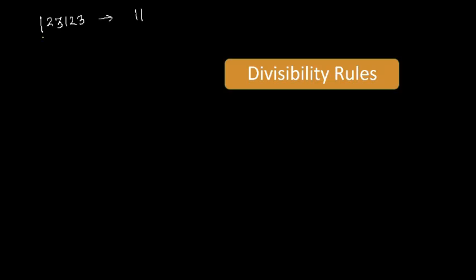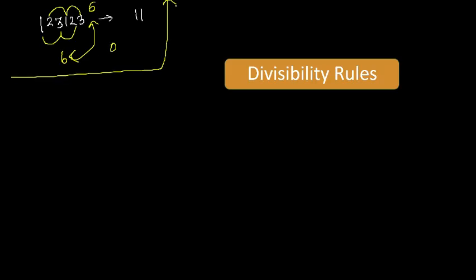So just add the alternate values 1, 3, and 2. You will get 6. And add the second, fourth, and sixth positions, that is also 6. And 6 minus 6 would be 0. So your answer would be 0.